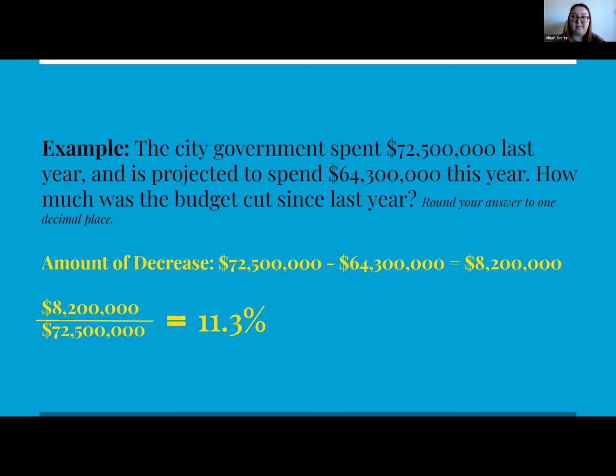The value that comes out is a decimal, and then we move that decimal point 2 spots to the right to give it in percentage. So really, this should have ended up being about 0.113, which we change into 11.3%. So that's how much the budget was cut since the previous year. It was cut by 11.3%.